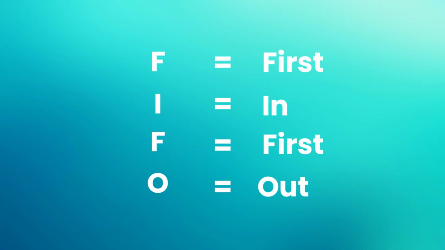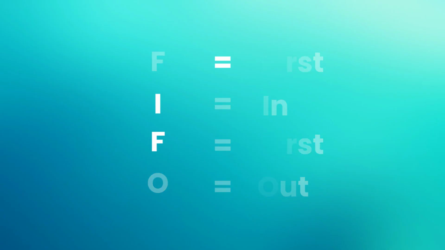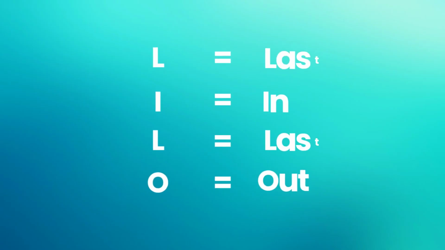Kaya ganina, meaning kung kinsay na sa una, mo ay una makagawas. And also, queue follows another rule or principle, namely the LILO, meaning the last in, last out principle. Kung kinsay pinakalas, mo ay pinakalasad mo gawas.